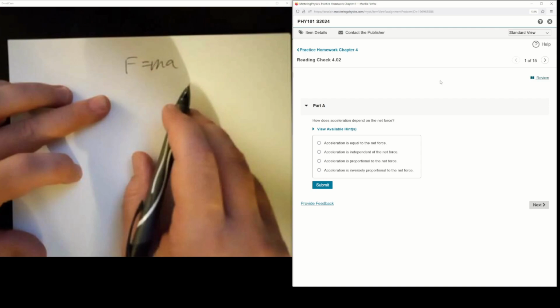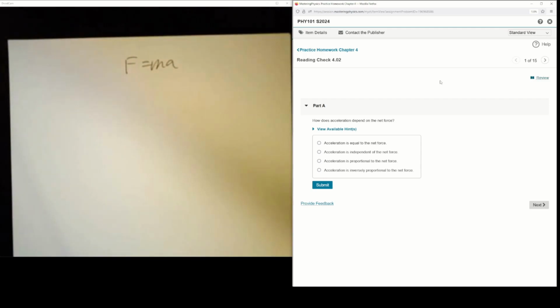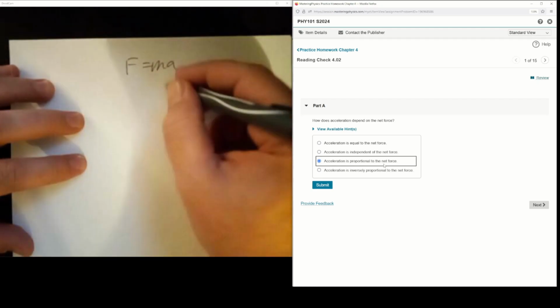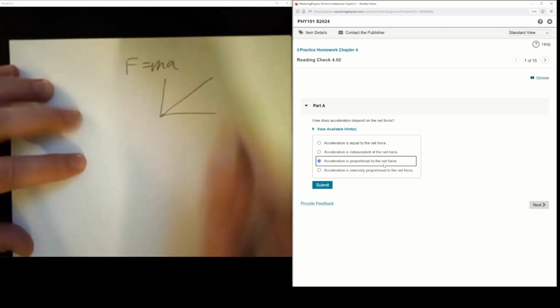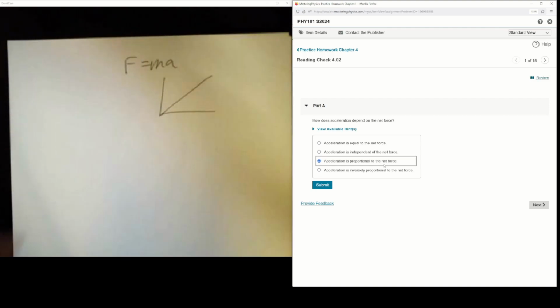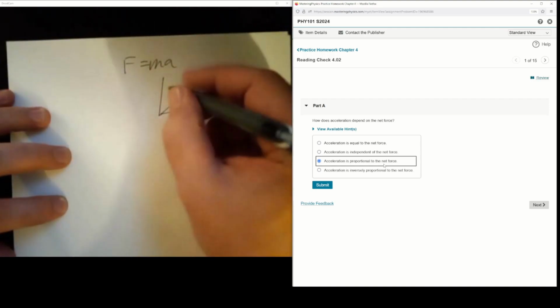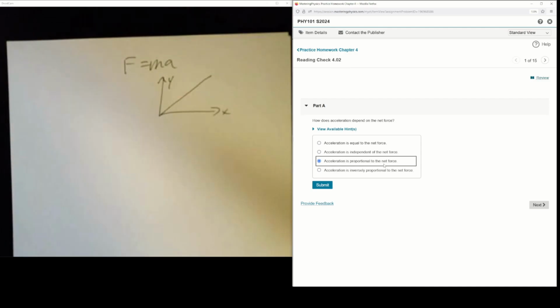Again, we say this is proportional. That's the math language there. Acceleration is proportional to the net force. Proportional, again, just means you get something that's linear when you graph it, on XY coordinates, the Cartesian coordinate system.